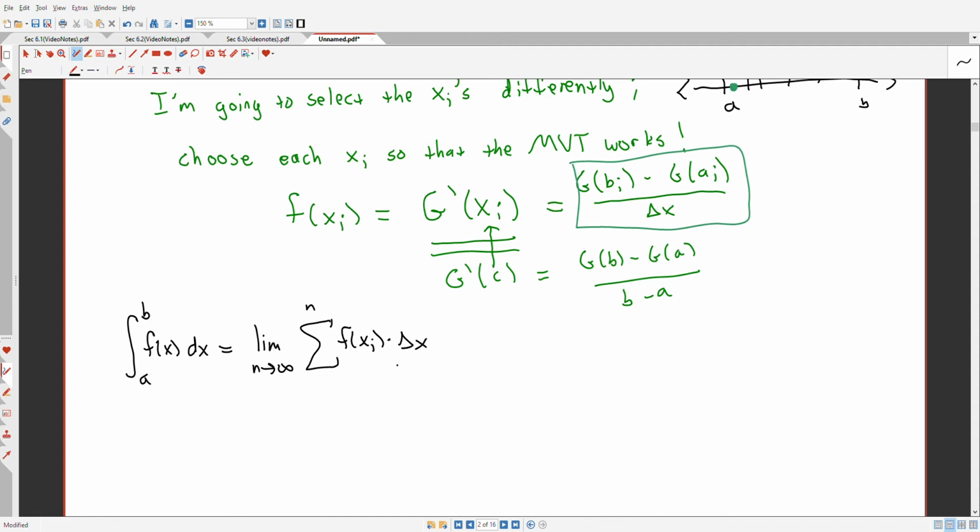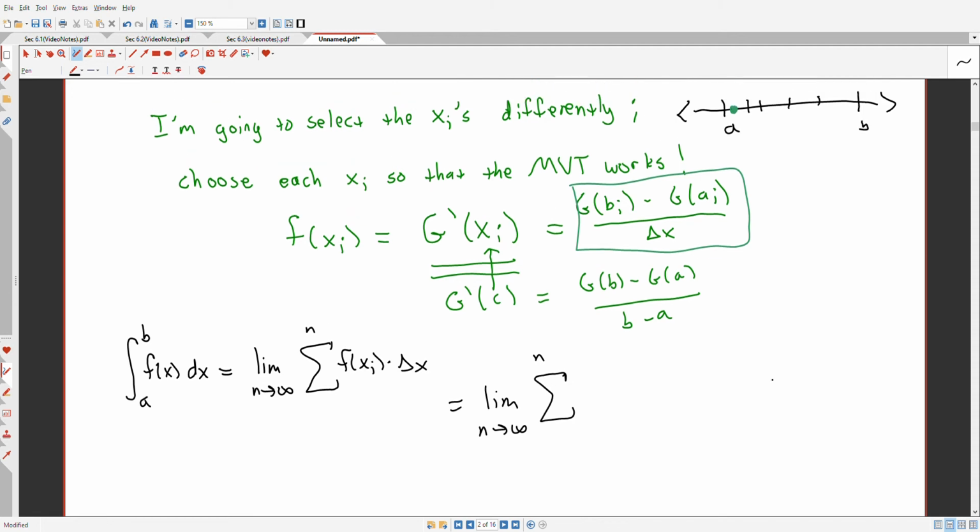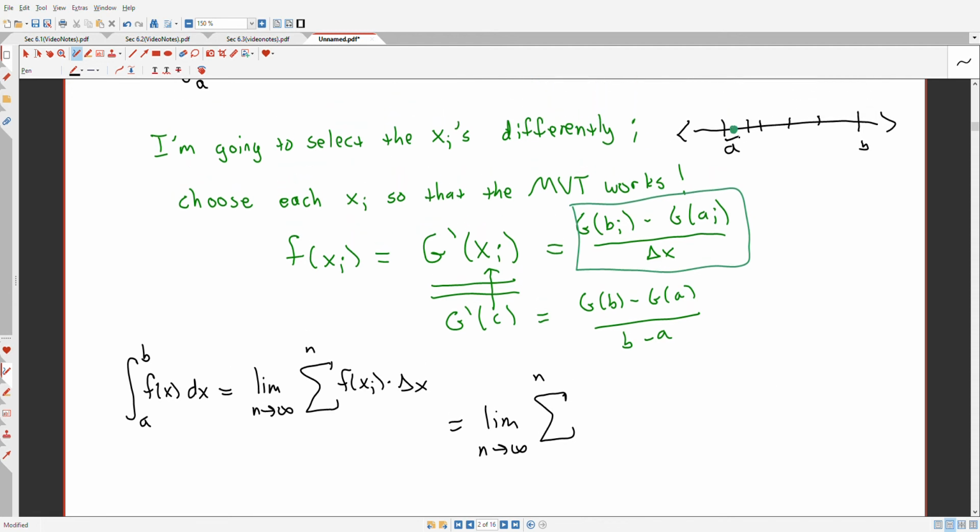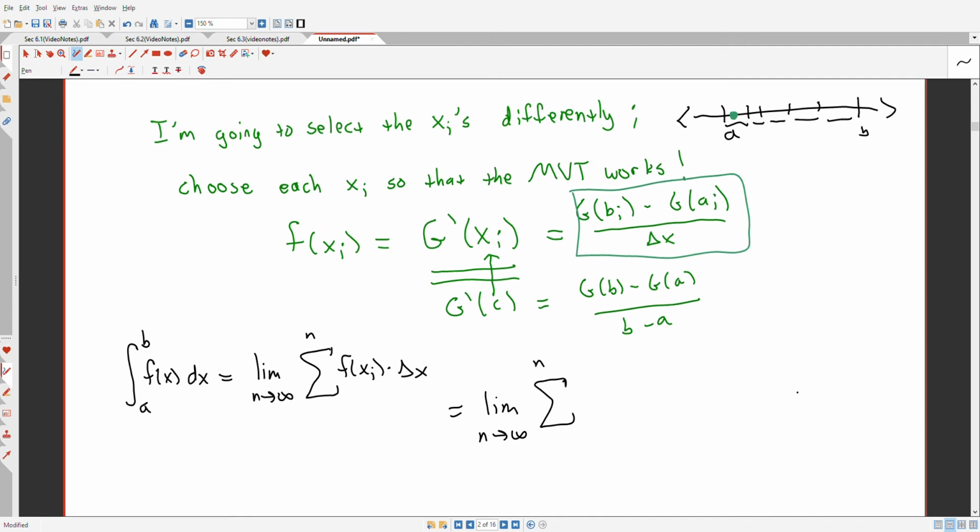And then I say, pick those xi's so that those heights have this nice form that the mean value theorem tells me to use. And notice, I'm using the mean value theorem on these n intervals, so I'm really doing it n times. So now I get to write something like g of bi minus g of ai, all divided by the width of that particular subinterval.